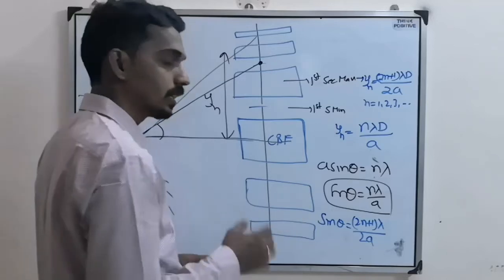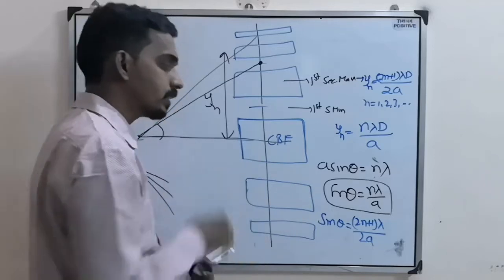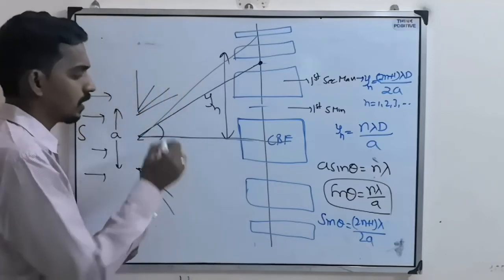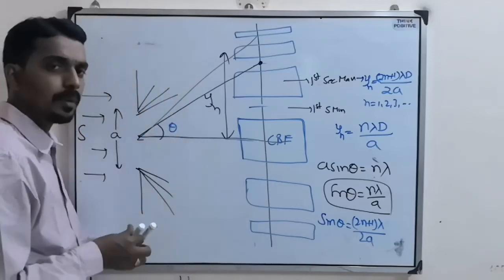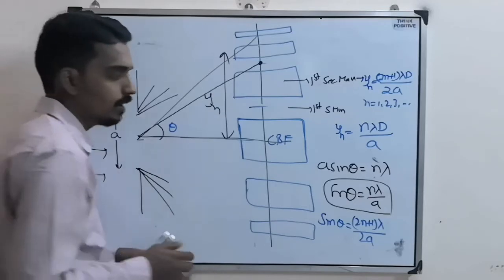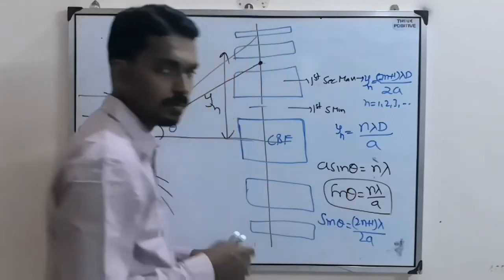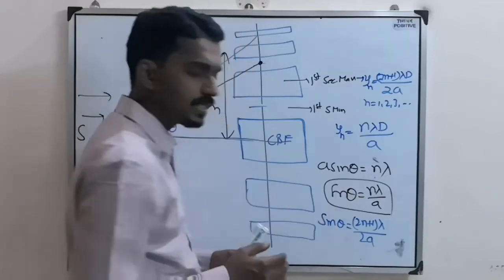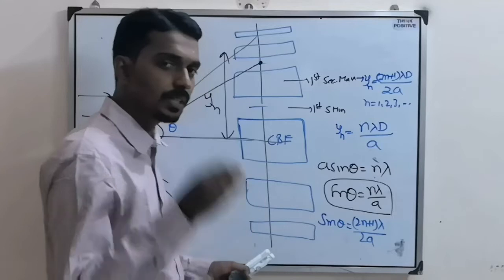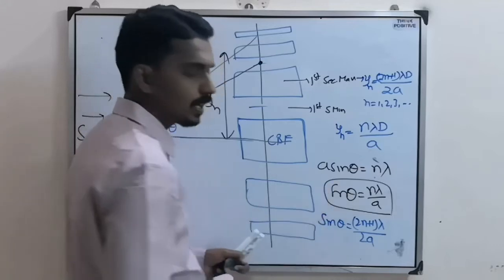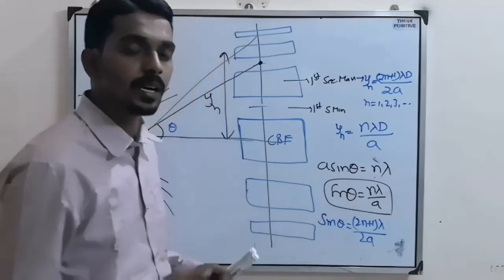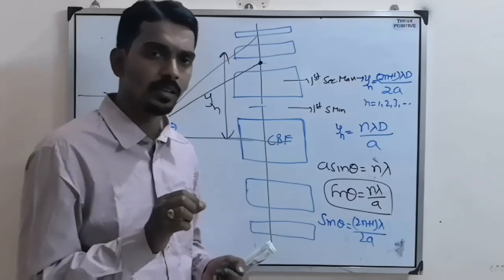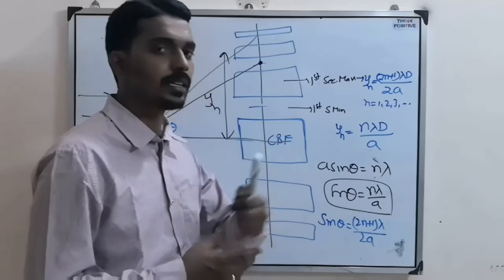Most of the time in diffraction they will ask the angular position of a particular minima or maxima, where you have to understand the formula, the sin theta formula. If theta is greater, take sin theta. If theta is smaller, then take approximately theta. In terms of radians, 0.1 degree, 0.2 degree means very small, so you can take it directly in radians.